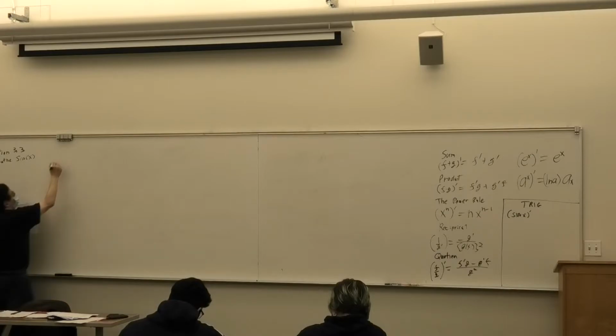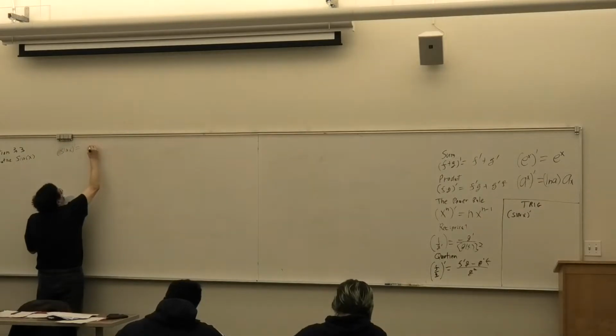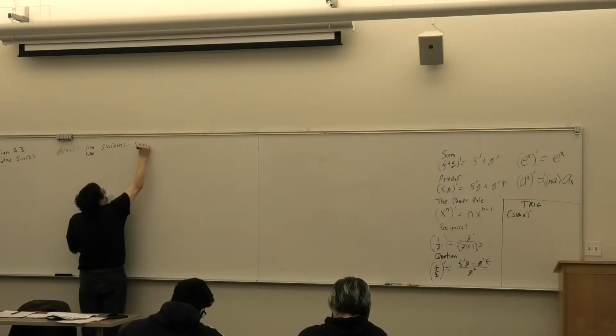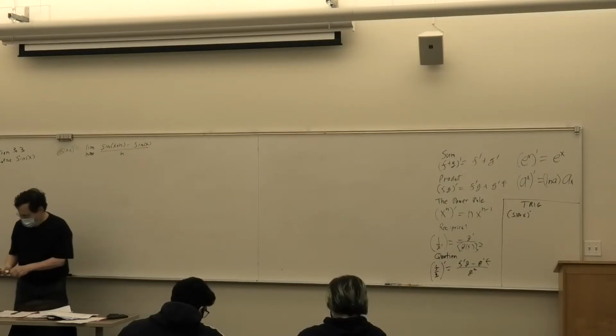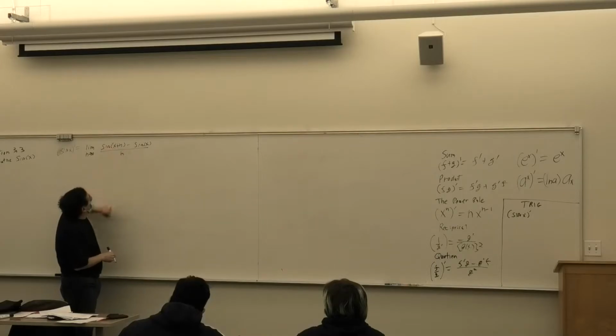Now, of course, what we're going to have to say is that the derivative of the sine of x is the limit as h approaches 0 of sine of x plus h minus sine of x, all over h. And if you remember your trigonometry really well, you'll remember that we have a formula for sine of a plus b.